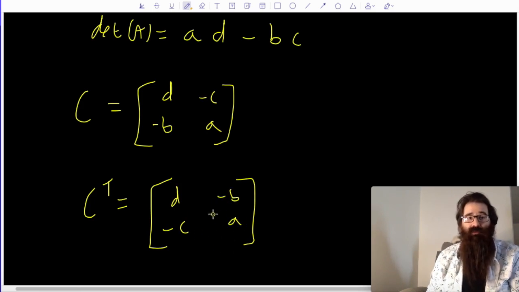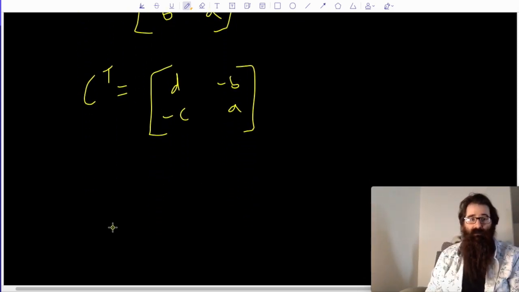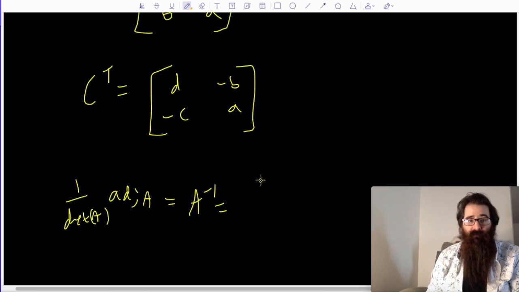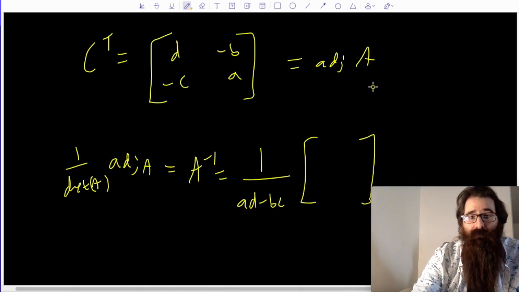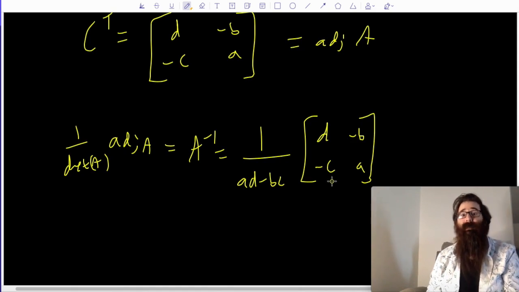And now what I want to do is scale this by the determinant. So we'll say, okay, 1 over the determinant of A times the adjugate of A is equal to A inverse, and that's 1 over, remember the determinant was AD minus BC, times this adjugate matrix, which is the transpose of the cofactor matrix with rows D, negative B, negative C, A. So it's the same process, right?